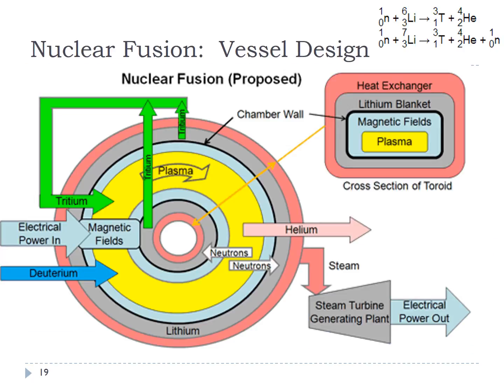So just to talk a little bit about what the power plant would look like. You have the plasma inside here being confined by the magnetic fields. And as I said before, the byproducts are helium. Helium is used to heat up the plasma, and neutrons are formed.